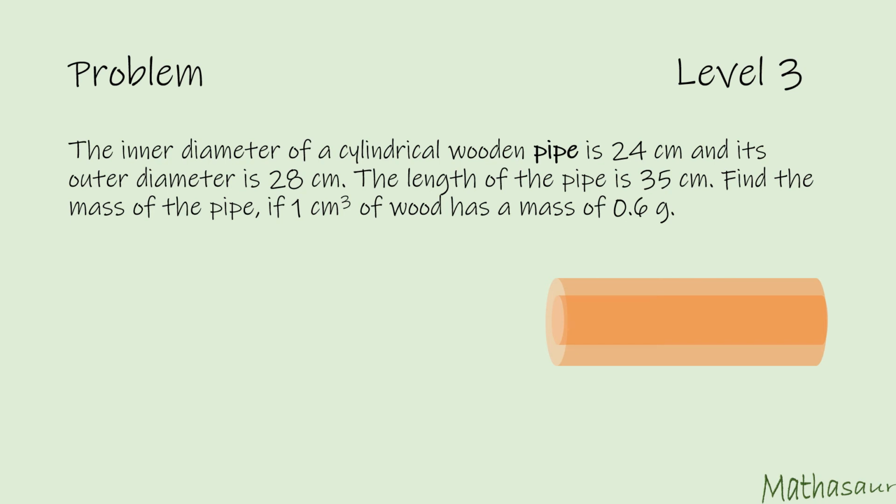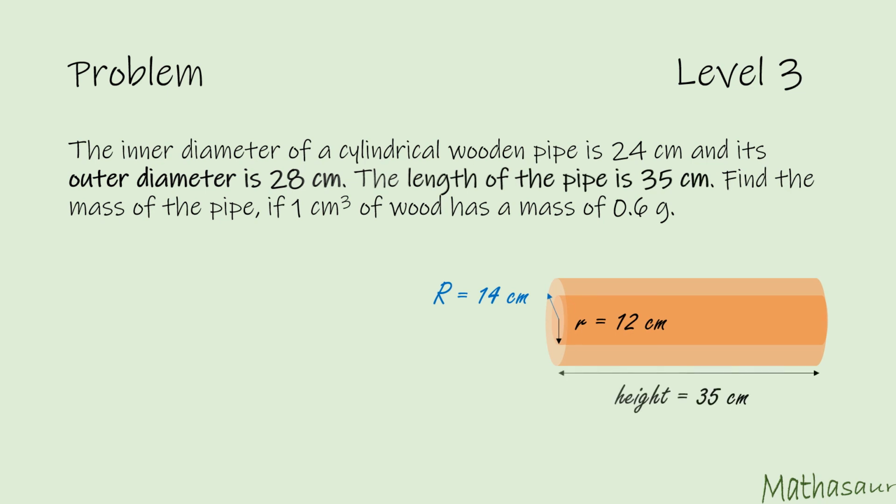The space between these two cylinders is made of wood. Let us label our diagram. The height of this cylinder, which is given as the length of a pipe, is 35 centimeters.